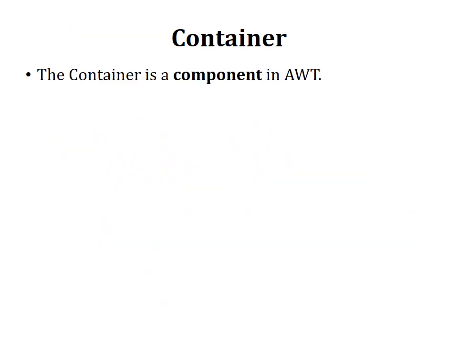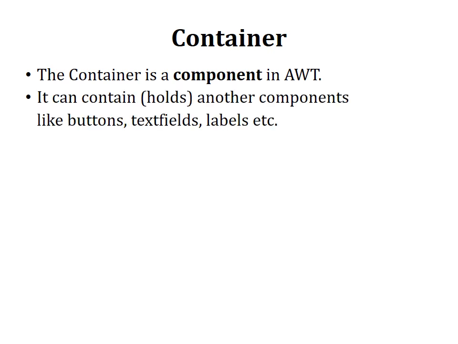Next class in this hierarchy of AWT is a container class. A container is a component in AWT, or in other words, a container is subclass of component class. It can contain other components like buttons, text fields, labels, and all other components which interact with the user.